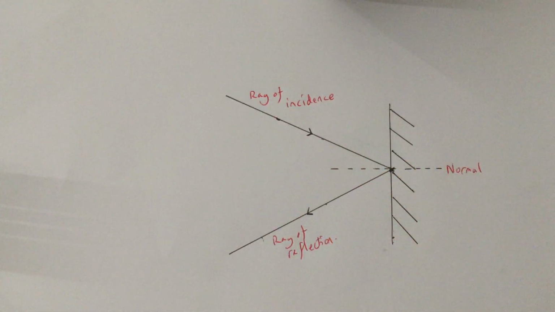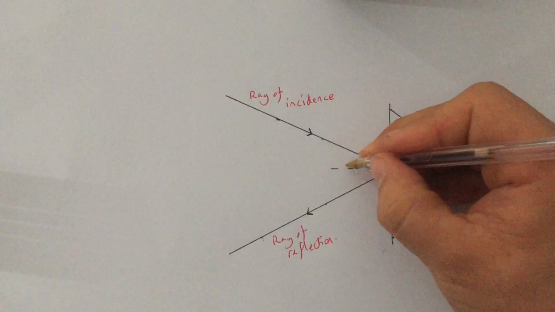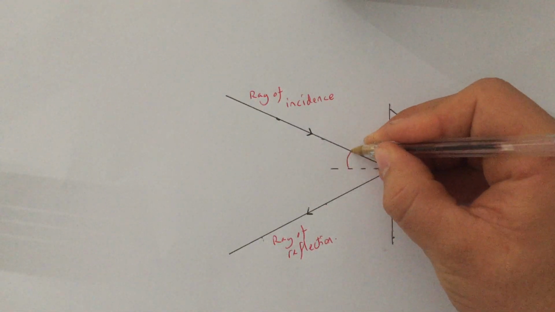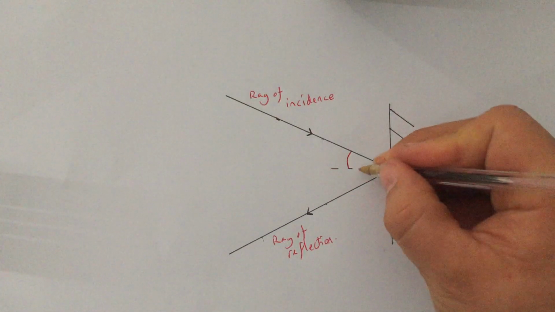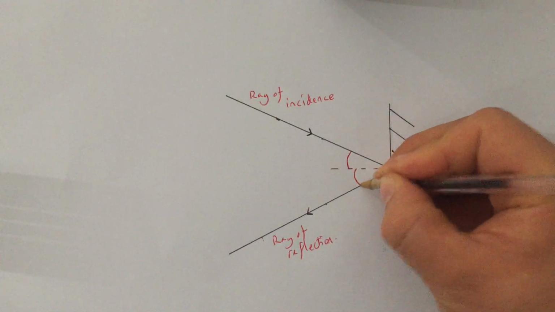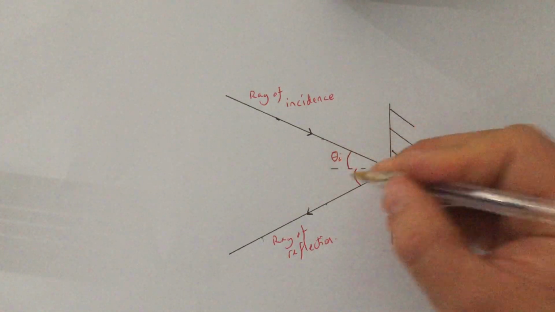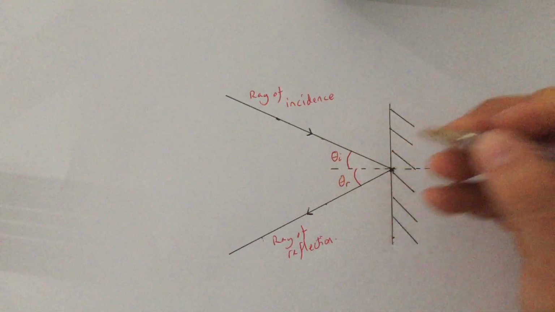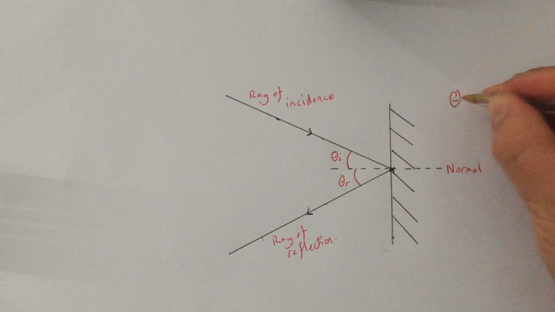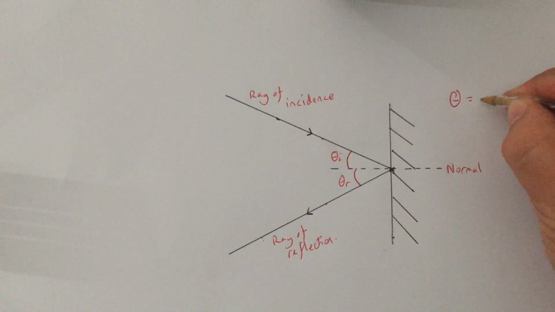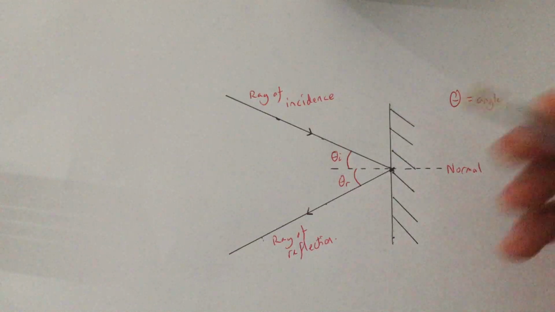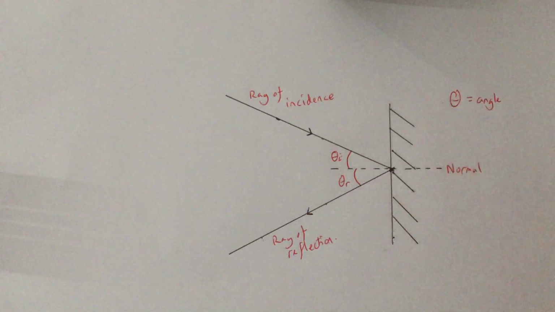Now what I need to do in this experiment is measure the angle from the normal to the ray of incidence and the angle from the normal to the ray of reflection, which we call theta I and theta R. Theta being the Greek letter for angle. Okay, so we have the angle of incidence and the angle of reflection.